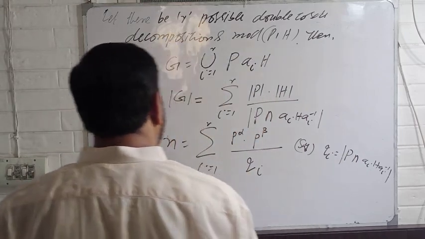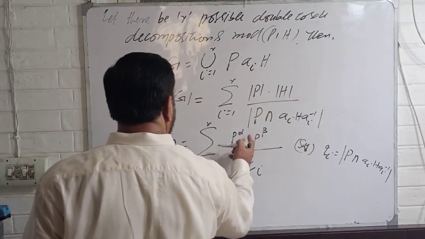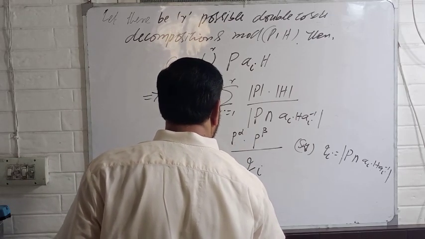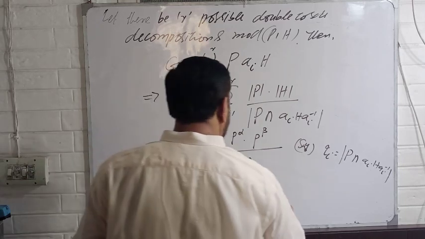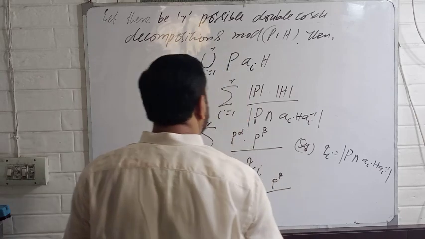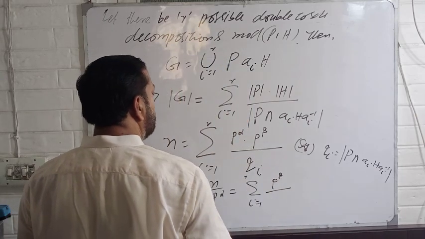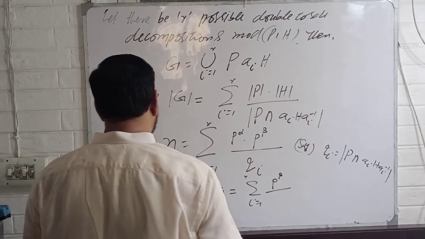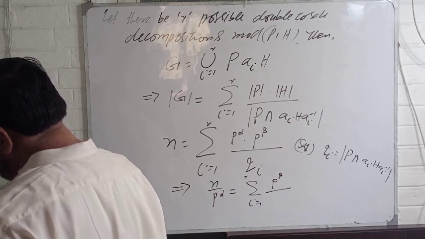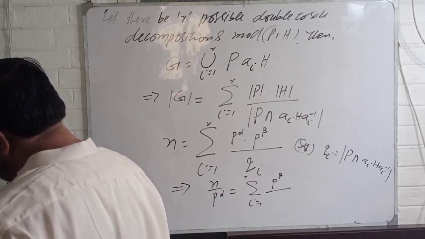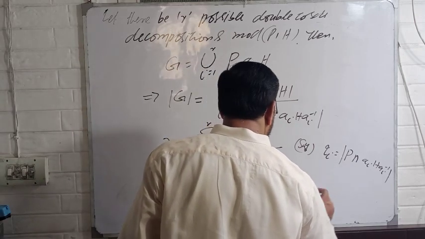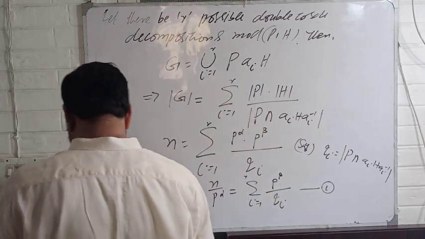Okay, so from here you can write n by P power alpha is equal to the summation, i from 1 to r, of P power beta over q_i.